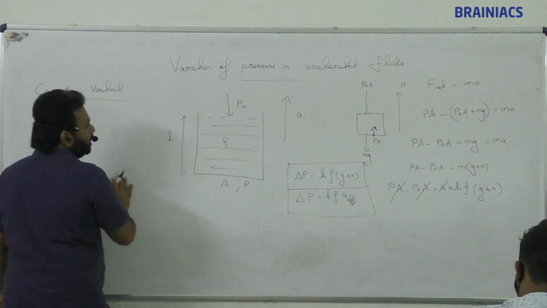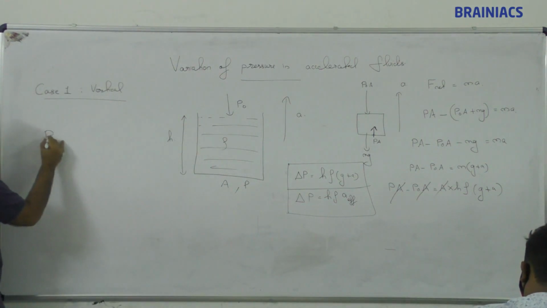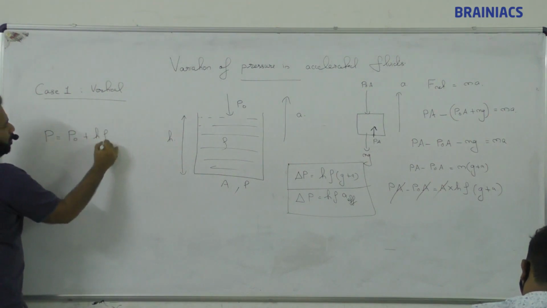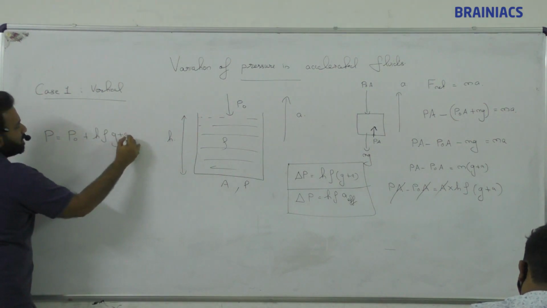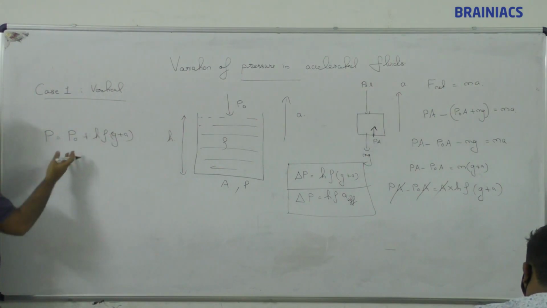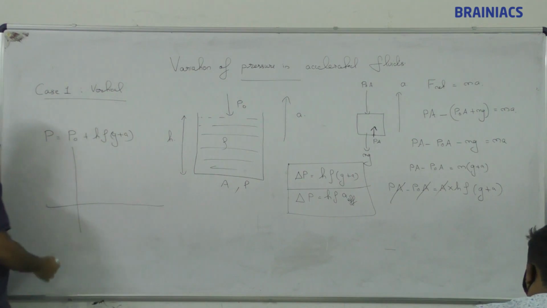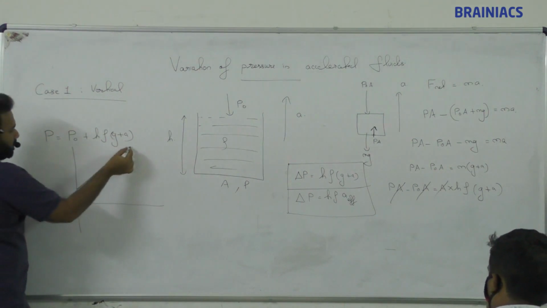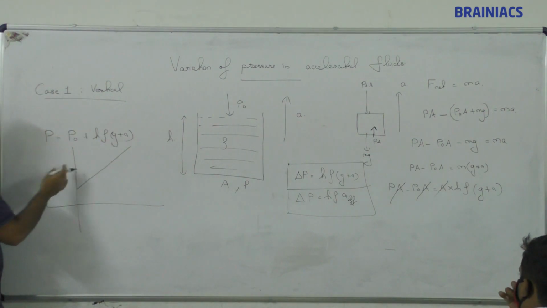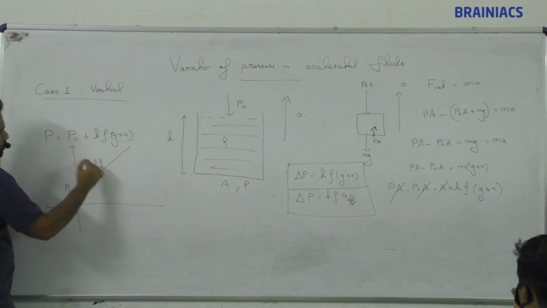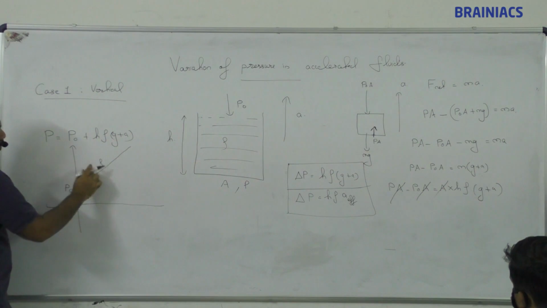So ultimately this is nothing but P is equal to P naught plus H rho G times G plus A. Same thing. So it is an equation of a straight line, this is how it is going to be. Correct? P naught is the intercept and H rho is the slope.